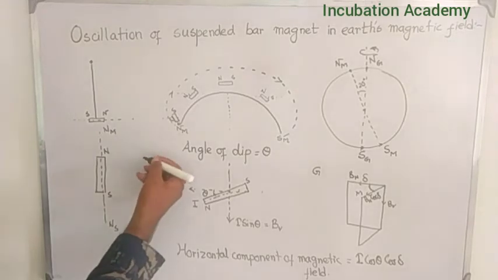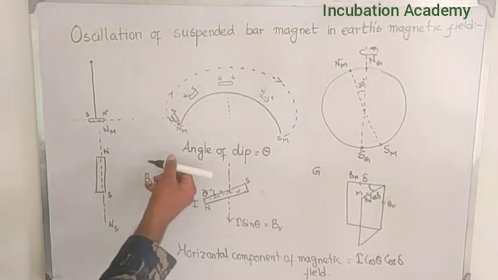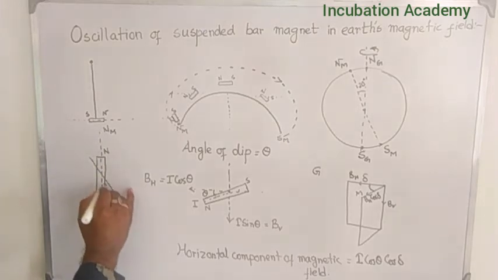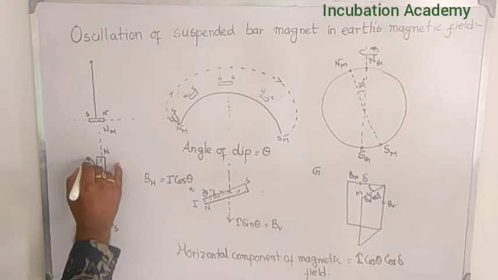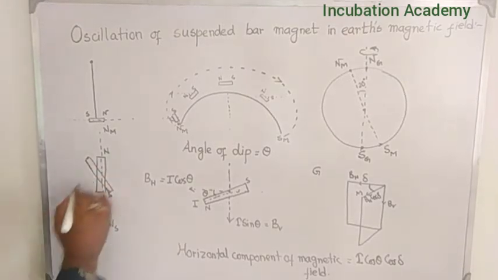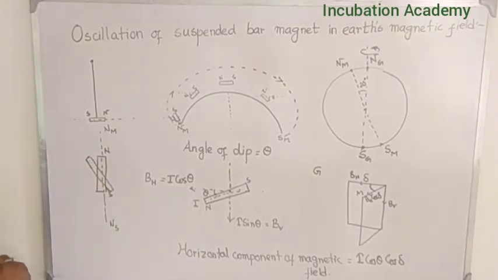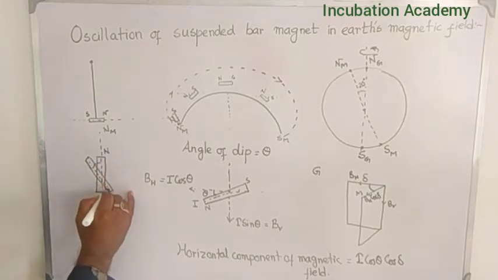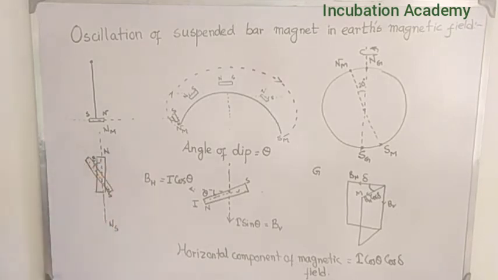If any other magnet or external influence disturbs this from its position, then it will be shifted to this position and make an angle theta with the magnetic meridian.